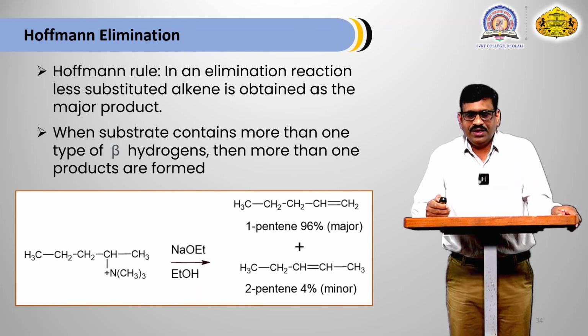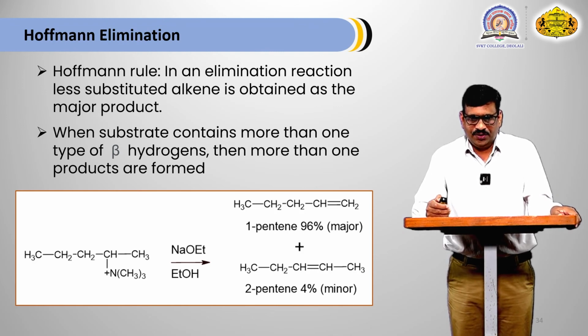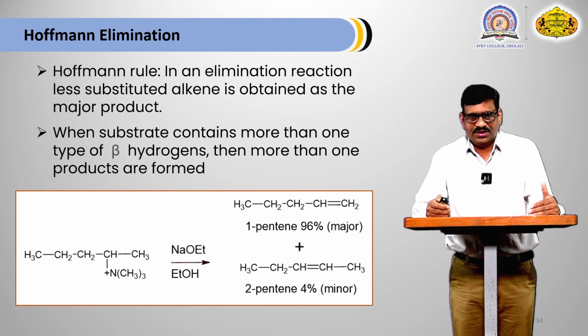In this case, 1-pentene is obtained as a major product and 2-pentene is obtained as a minor product. Means first product is less substituted, but it is obtained as a major product. Second product is more substituted, it is obtained as a minor product. But these products are according to Hoffmann rule or Hoffmann elimination rule.